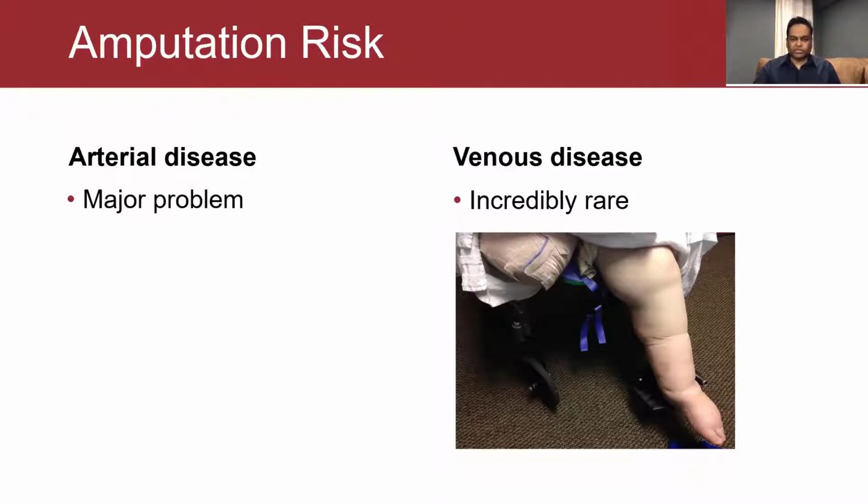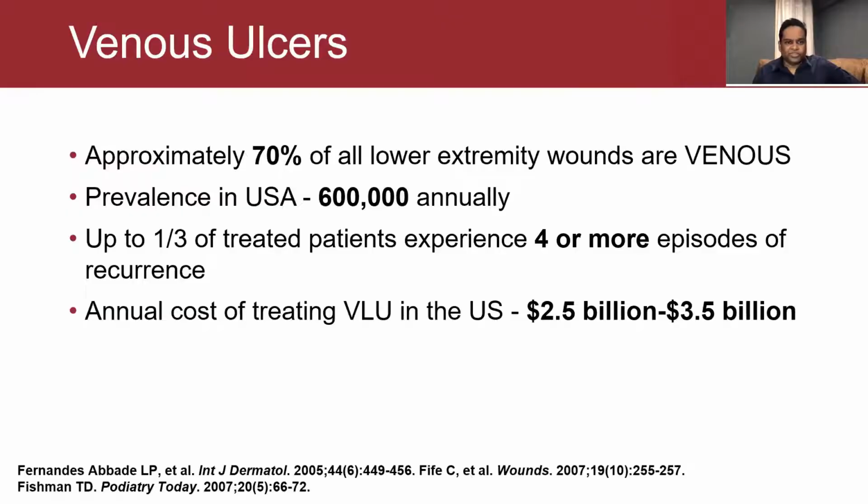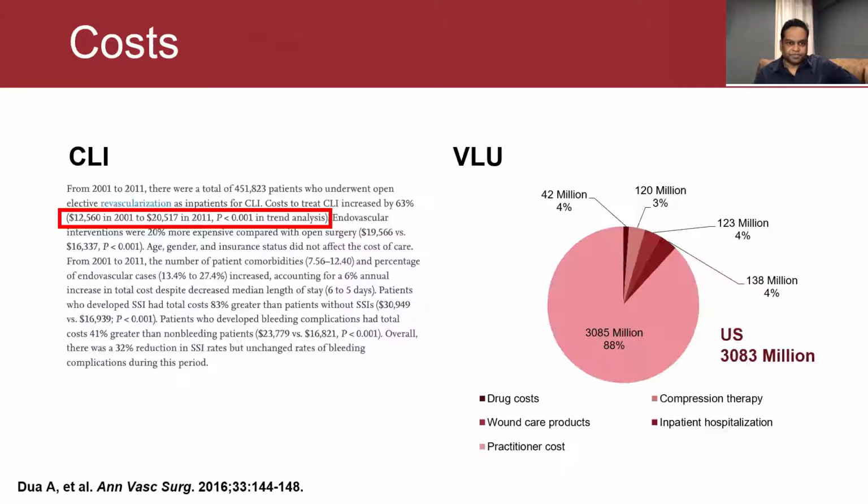Here is an example of a patient with phlebo lymphedema with above knee amputation from severe cellulitis and gangrene. Venous ulcers approximately account to 70% of all lower extremity venous ulcerations, with a prevalence up to 600,000 annually. And about a third of these patients will experience 4 or more episodes of recurrences.